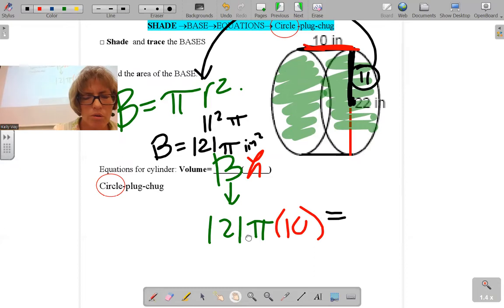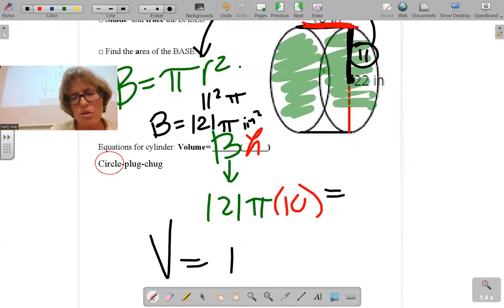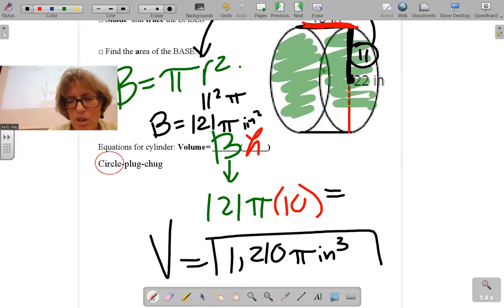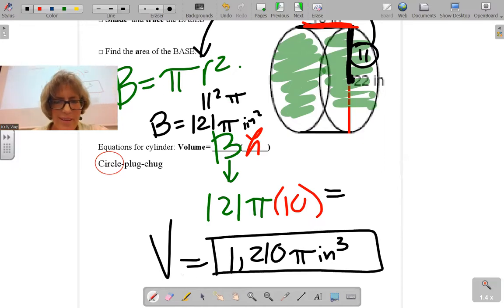Just add the 0. Volume equals 1,210 pi inches cubed. And you can translate it to an approximation form if you need to do something else with it.